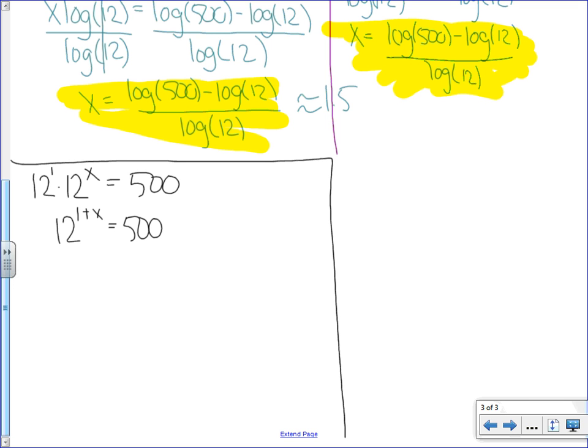But now we have a variable in the exponent, so we have to use logarithms. 12 and 500 don't have a common base. So let's take the log of both sides. So this is the log of 12 to the 1 plus x, which is equal to the log of 500.